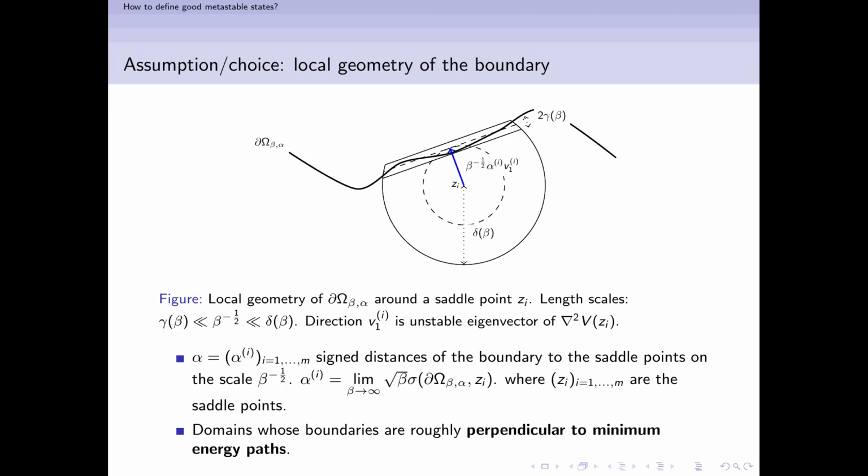So they're parameterized using a reaction coordinate, which is natural. So now we have our family of domains, and we're going to look at the asymptotics of our eigenvalues with respect to alpha.